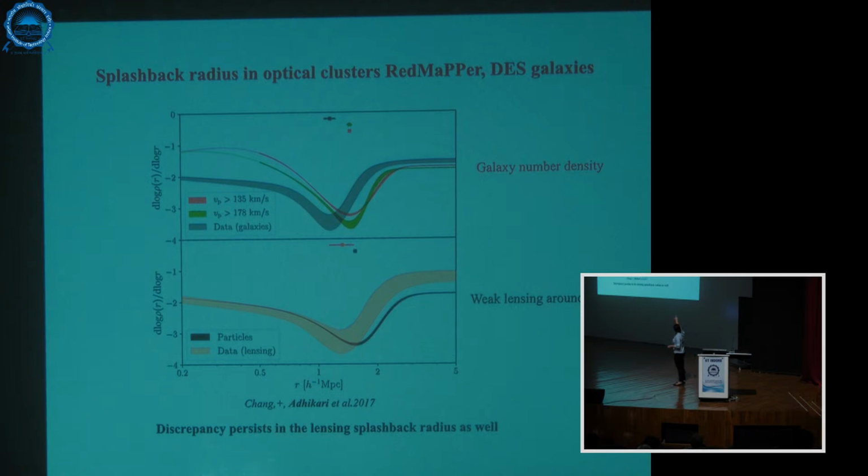On the top panel, the gray curve shows the galaxy distribution, and you can see the minimum, which corresponds to the splashback radius, is shifted to the left with respect to the theory curves, which are red and green. And also in weak lensing, we found a similar shift. It was less significant, but we found a similar shift to smaller radius.